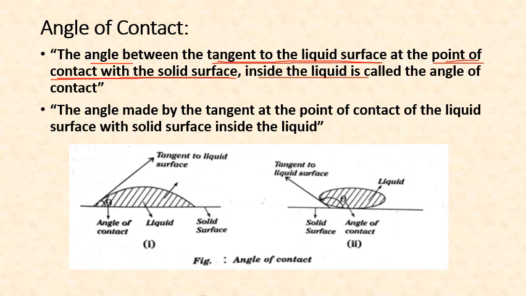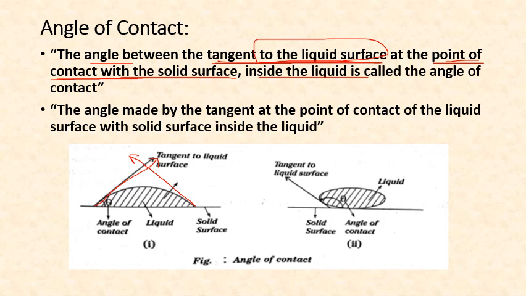From the picture, this liquid drop is making contact with the solid surface at two points, here and here. So we can draw tangents at these two points. The first tangent will be like this and the second tangent like this, because the tangent must be to the liquid surface at the point of contact with the solid surface.